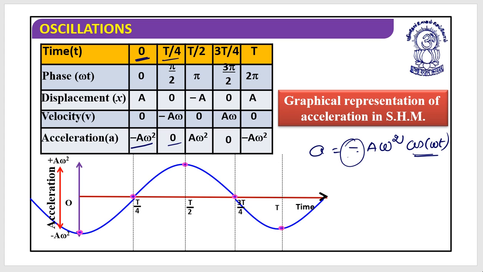At t equals T by 4, it's 0. At T by 2, it's plus a omega square. At 3T by 4, it is again 0. And at t equals T, it again has minus a omega square. I hope this is clear.